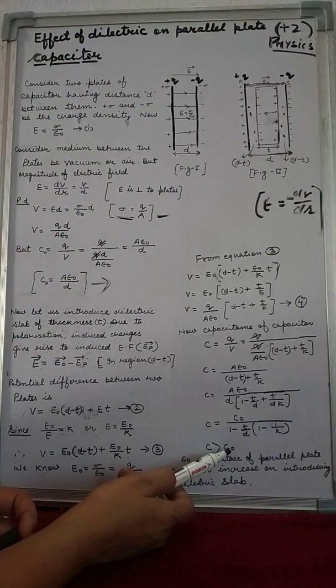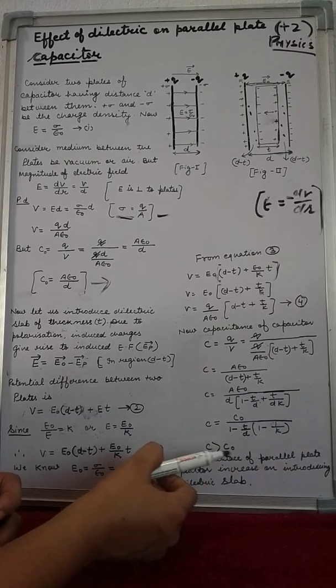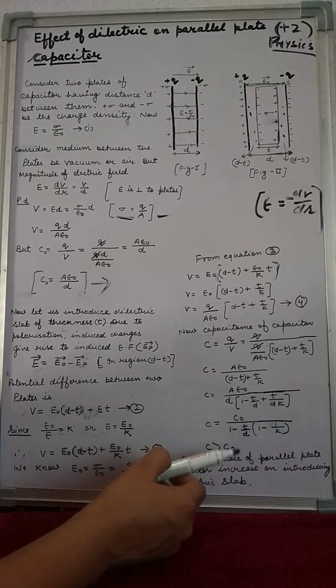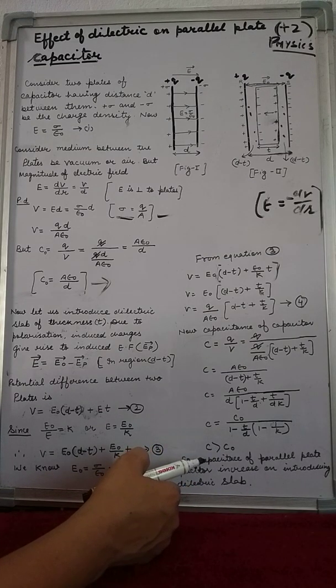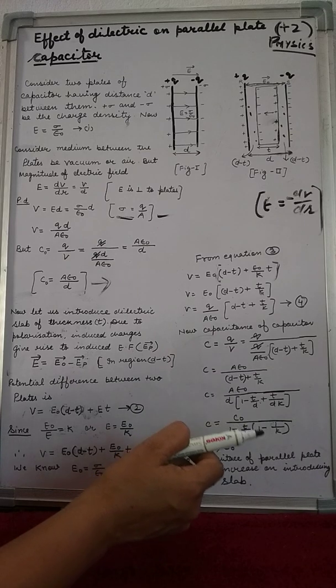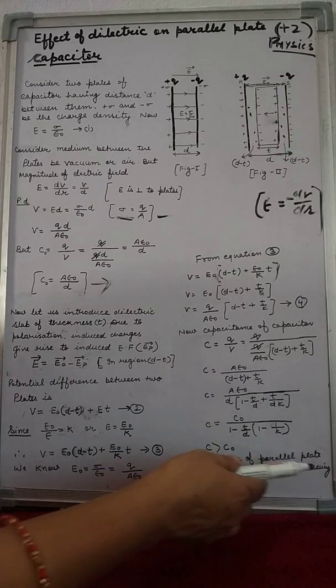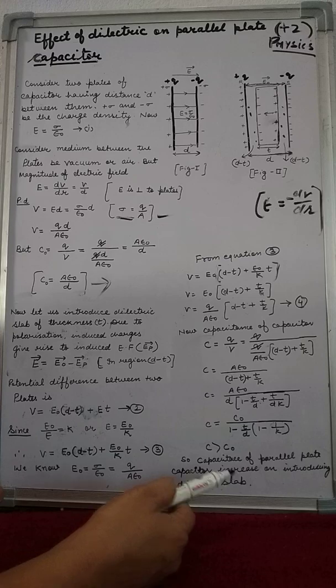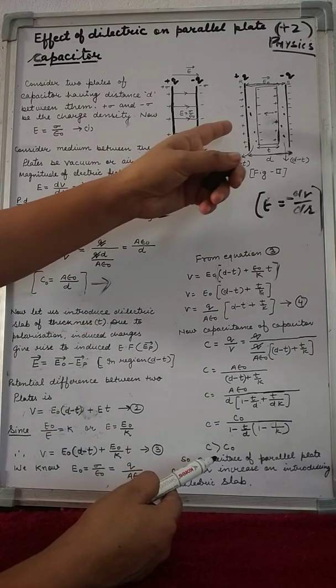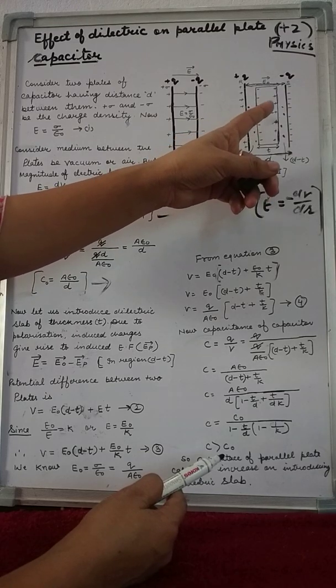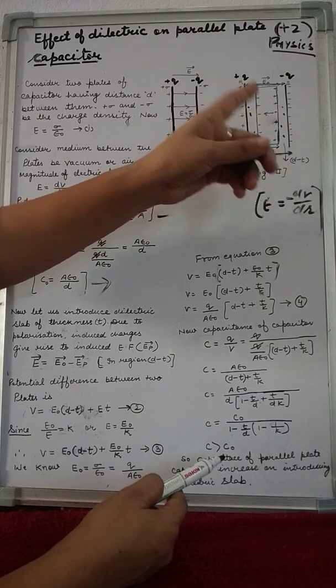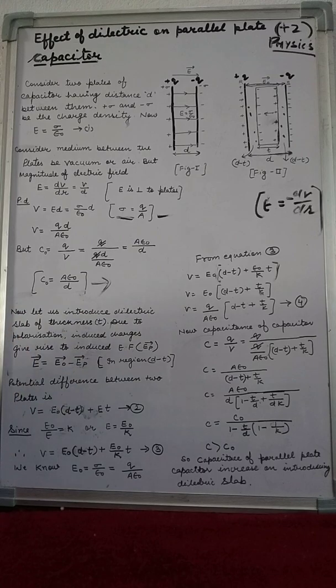So we can conclude that the capacitance of the parallel plate capacitor will increase on introducing the dielectric slab between the plates.